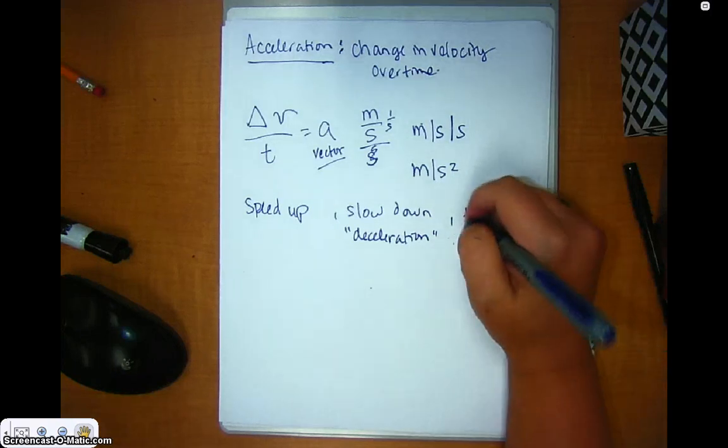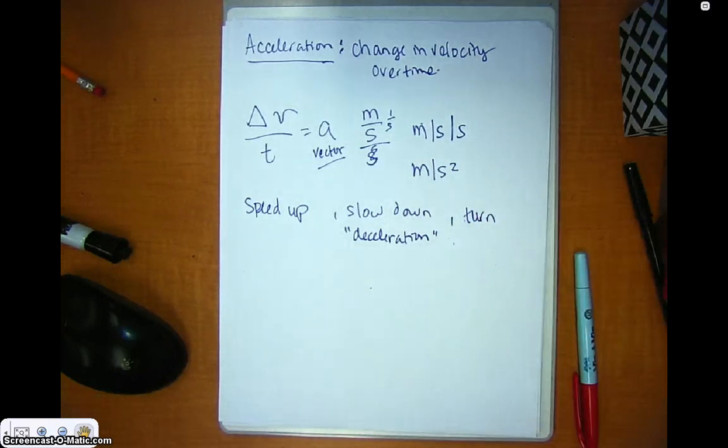And so turning is another example of accelerating. And this can be done even if you're not speeding up or slowing down. So if you take a turn at like 10 meters per second, by the sheer fact that you're turning, even though you're not going faster or going slower, you are considered to be accelerating because your direction is changing, and your direction determines your velocity.